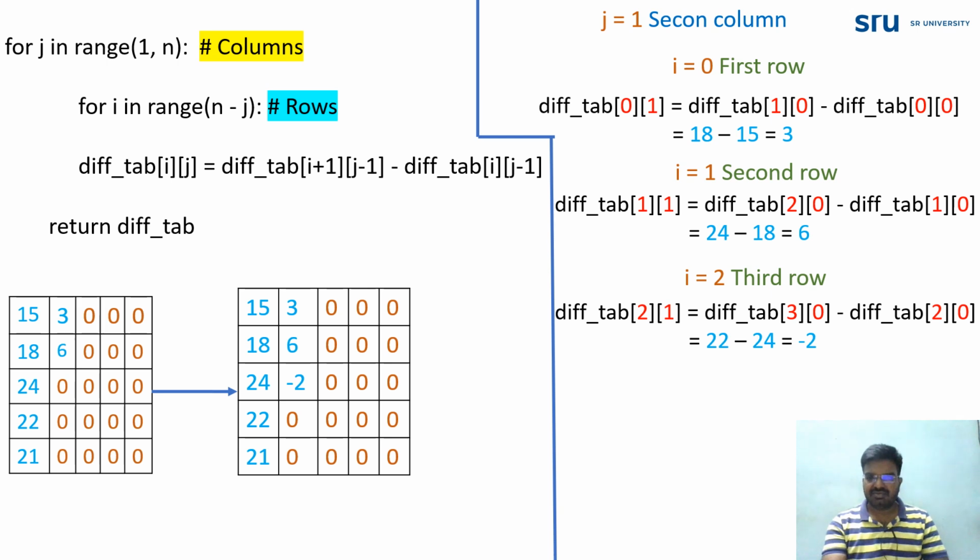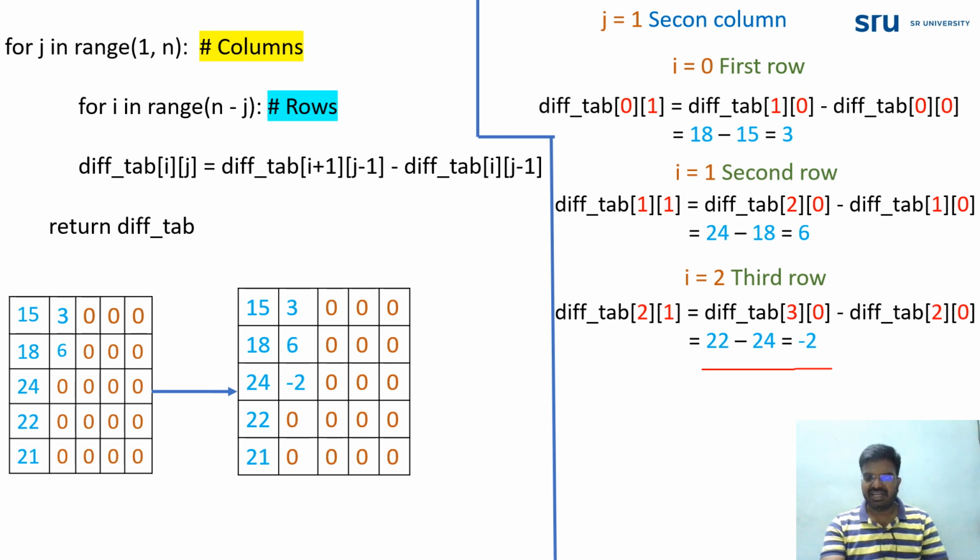Look at this, we are calculating the next difference. It is 22 minus 24. Okay, 22. What is the position of the 22? It is in fourth row, first column, minus 24. 24 means it is in third row, first column.